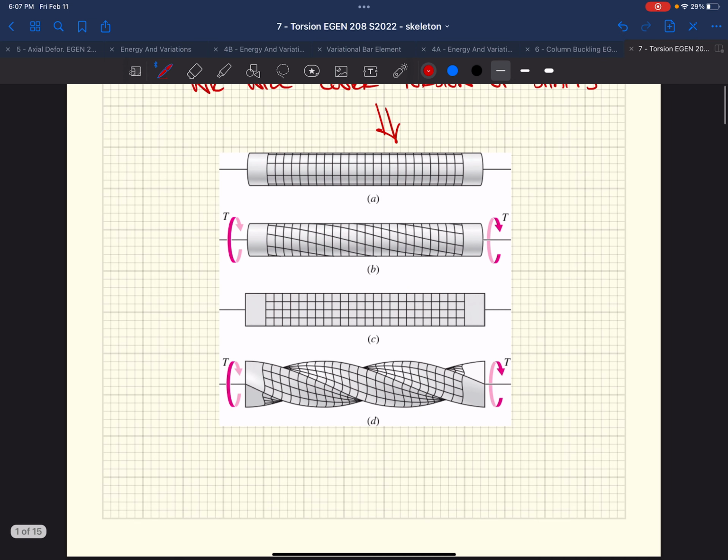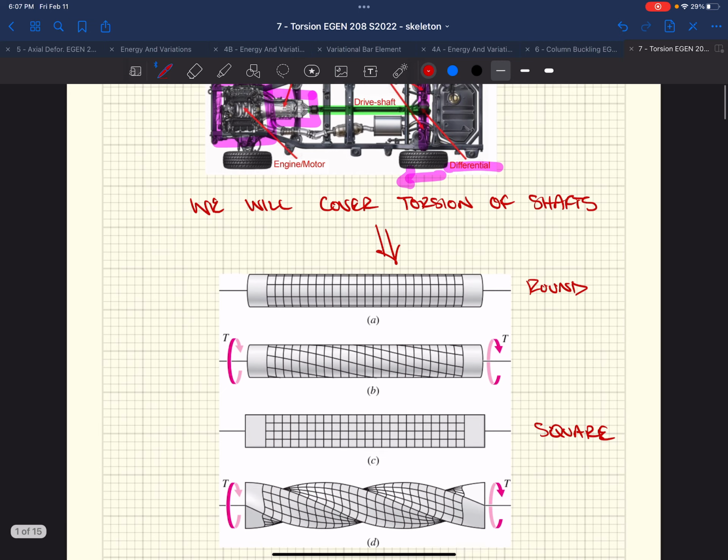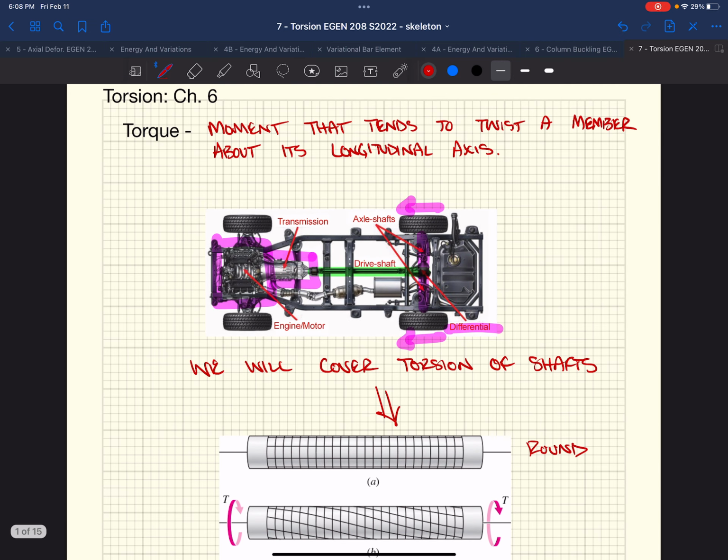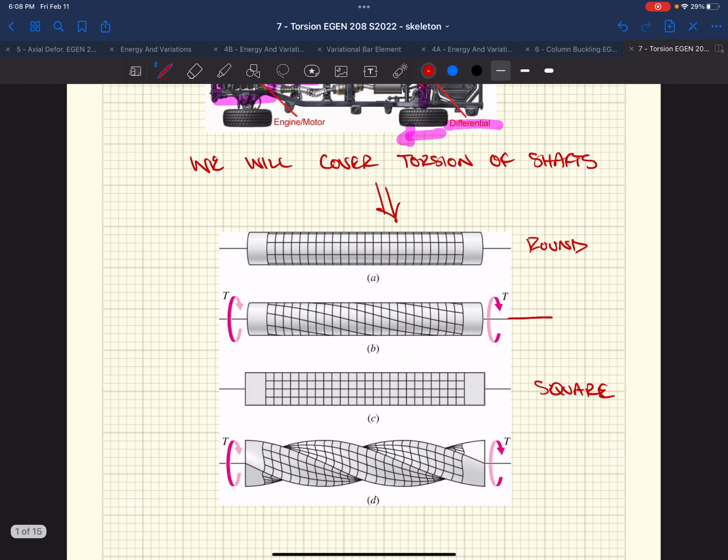In this case, we have a round shaft and a square shaft. If you took a round shaft and imposed upon it a torque, put it in torsion, where torque is just a moment that twists a member about its longitudinal axis, this would be our longitudinal axis. So we put a torque on that member.